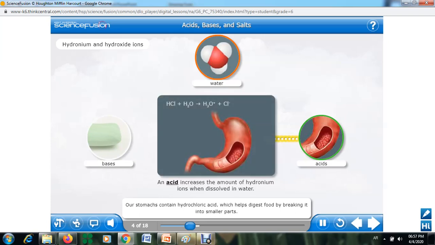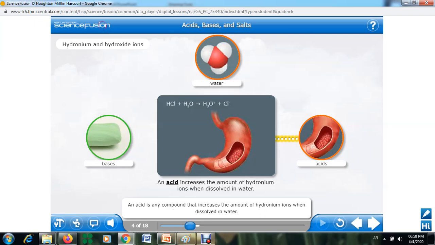Our stomachs contain hydrochloric acid, which helps digest food by breaking it into smaller parts. When hydrochloric acid is added to water, the acid breaks apart into hydrogen and chlorine ions, and the free hydrogen ions join with water molecules to form hydronium ions. An acid is any compound that increases the amount of hydronium ions when dissolved in water.